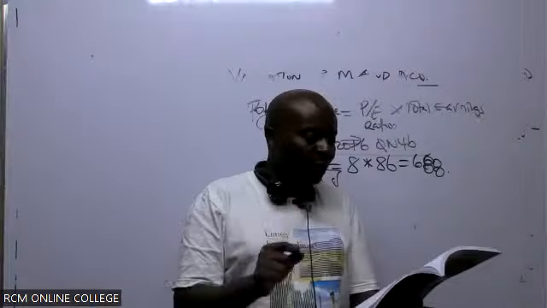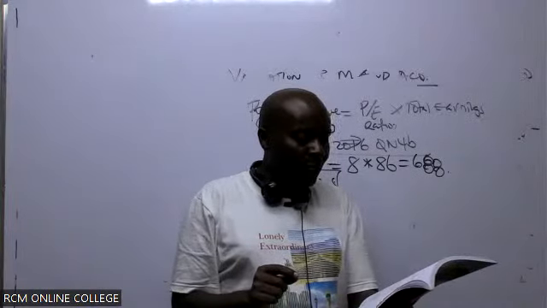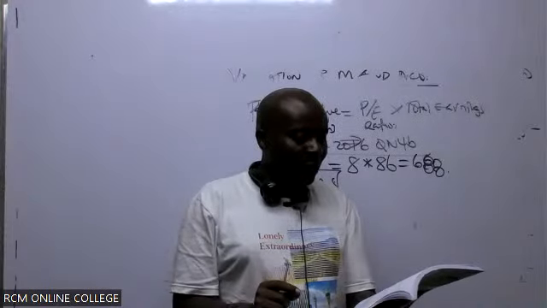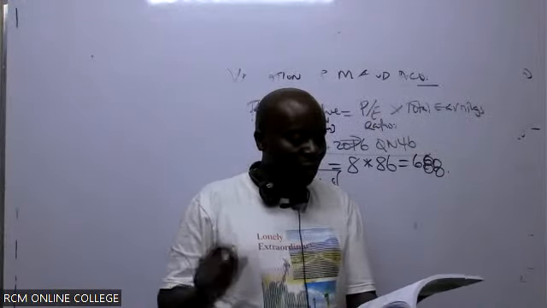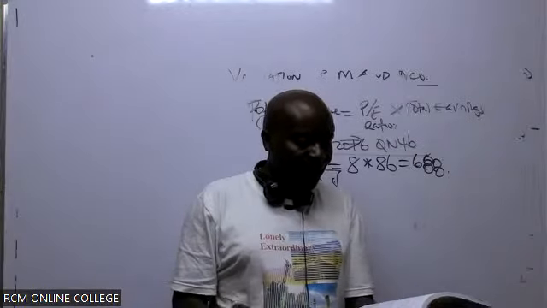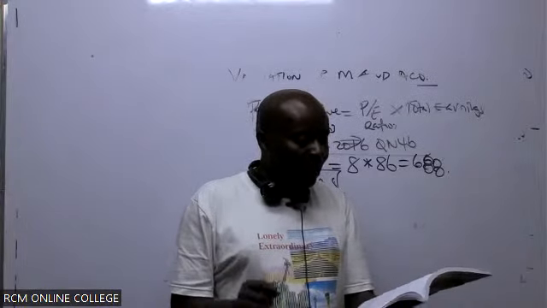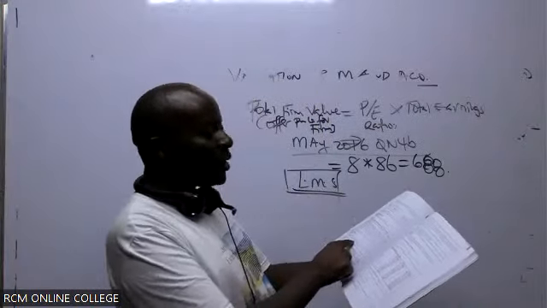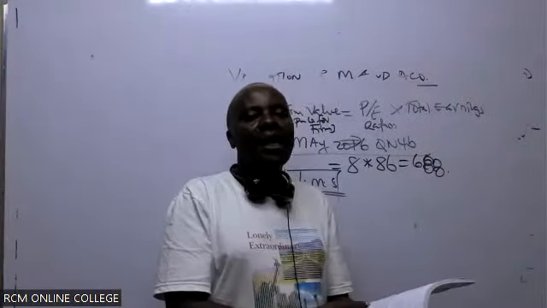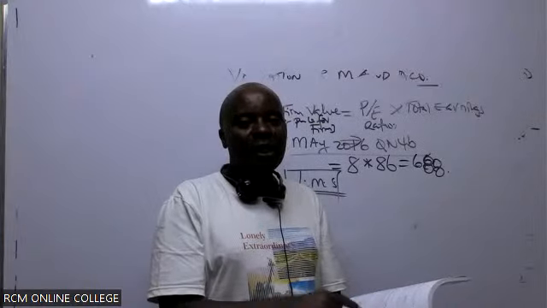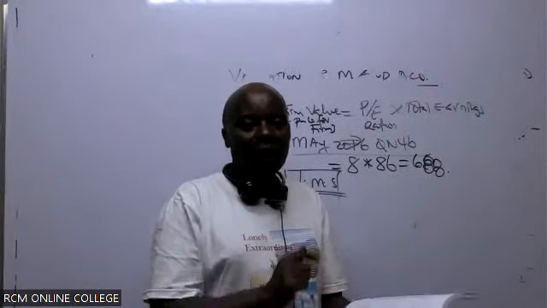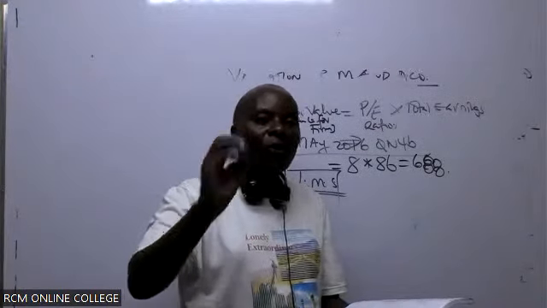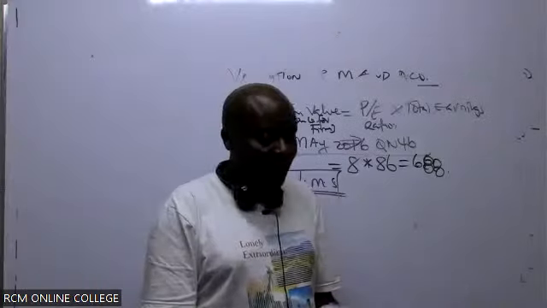And where have they given us this? Read paragraph number 1. Huge Limited intends to take over Tiny Limited, another company in the same industry. Tiny Limited is expected to post earnings. You can see the earnings there are 86. So PE is 8 and the earnings of the company is 86. Those 2 parameters should give you the value of the firm. I hope that is clear.